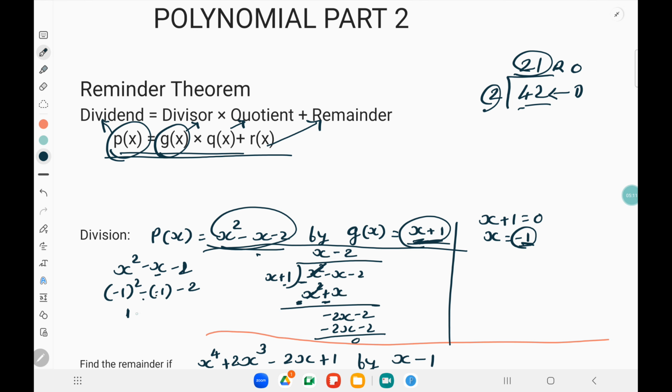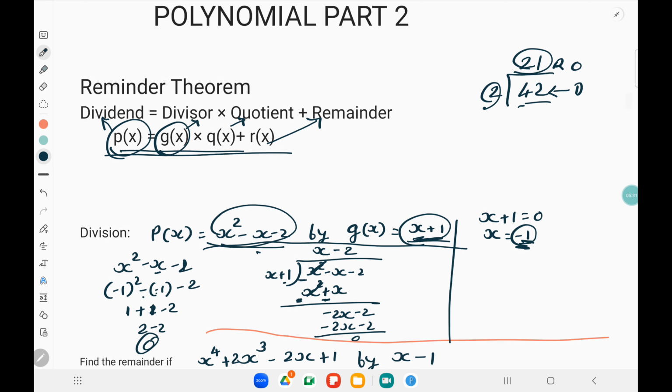Here minus times minus is plus 1, and minus 2. So 1 plus 1 is 2, and take away 2 is 0. So to find the remainder 0, the x value is minus 1. Okay, this is the way we can figure it out.